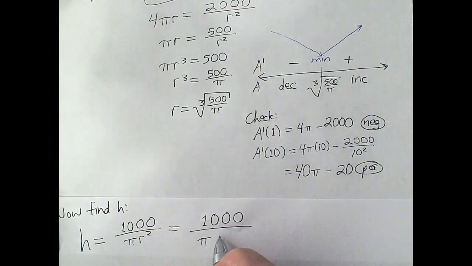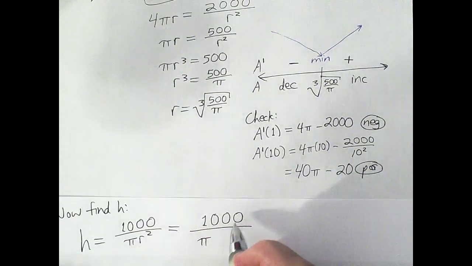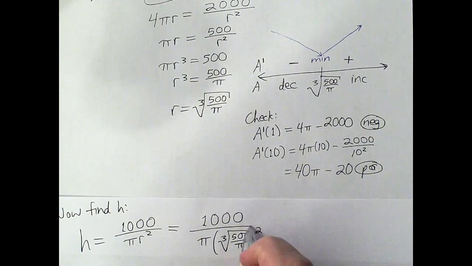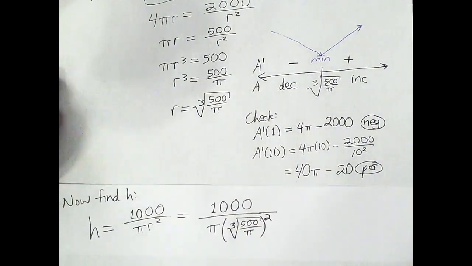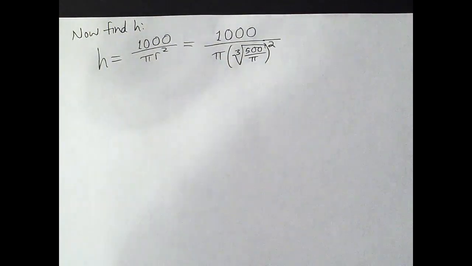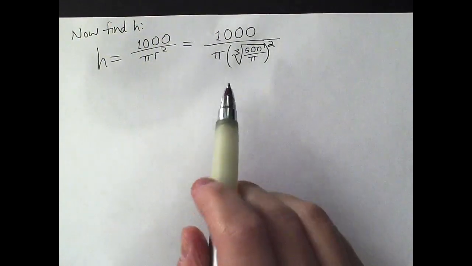So, all right, well, let's do it. Here's r, cube root of 500 over pi squared. I don't want to leave it like that. I think we can probably try to simplify. What can we do about this?